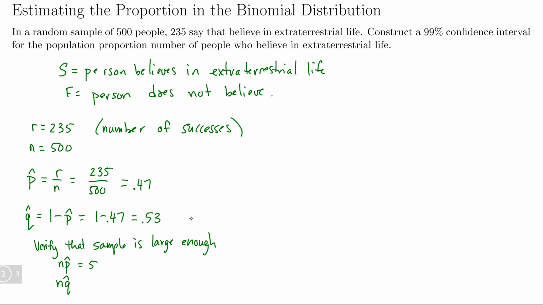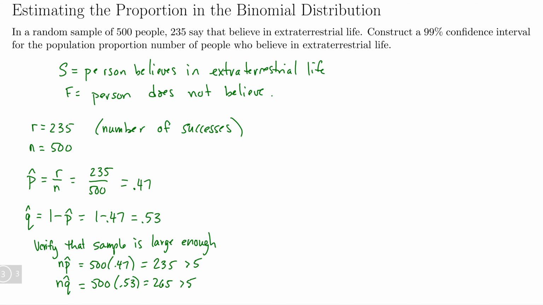So n times p hat, 500 times 0.47, is 235, which is definitely greater than 5. And n times q hat is 500 times 0.53, which is 265. This tells us that we are dealing with a large sample, so we can use the normal distribution.